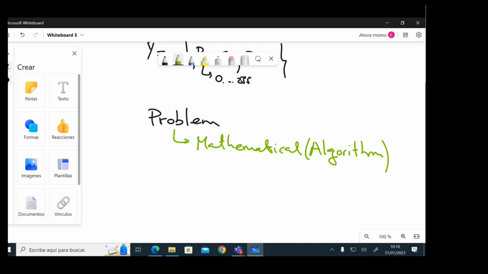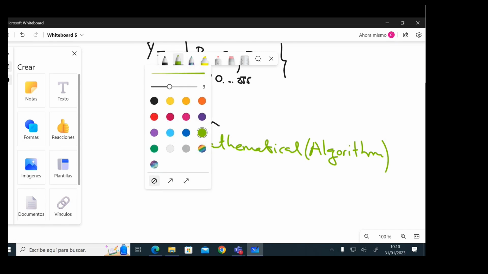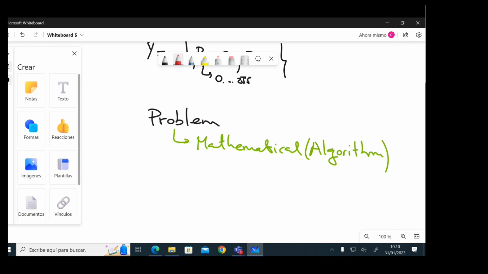But once you have found this mathematical way, you have to implement it. So you need something to run it. And we will see that a bit, but not so much, in the sense that you have to program it.